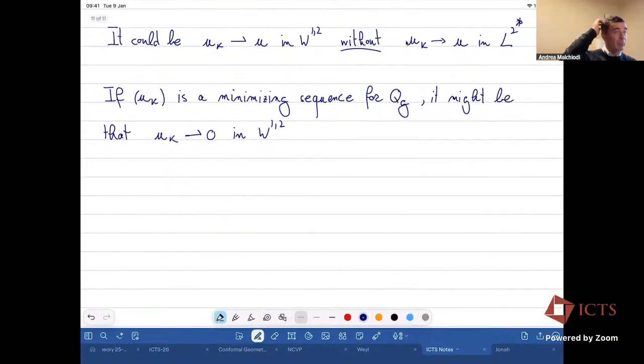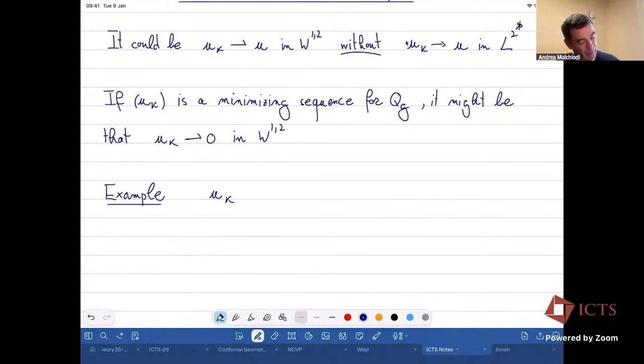For example, think of u_k as similar to a family of functions of the type u_{lambda_k}. These u_{lambda_k} are those optimal profiles in R^n, but with a dilation constant that makes them very concentrated at a single point. So something like this.